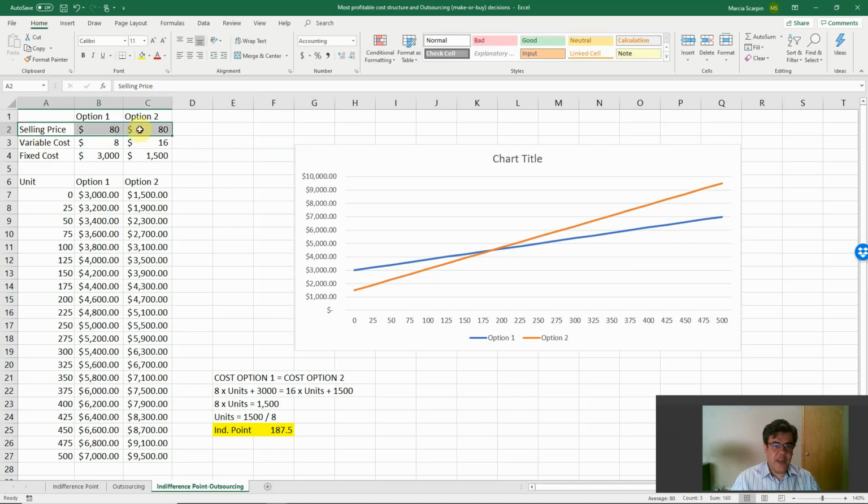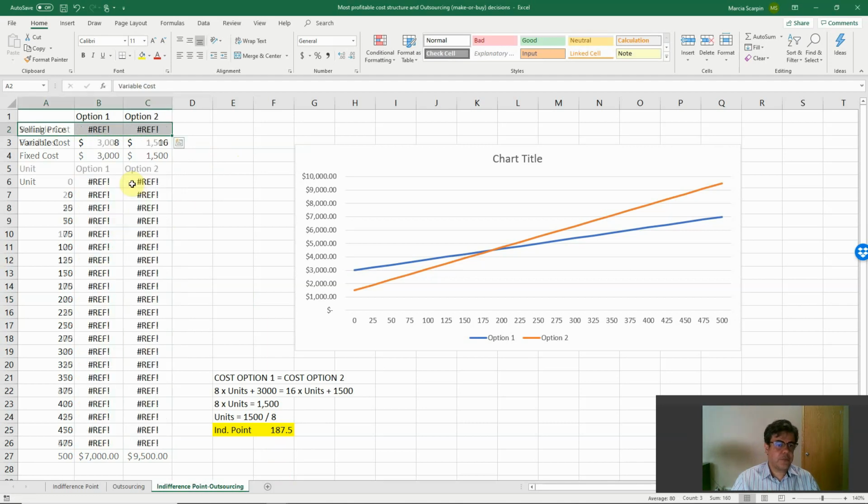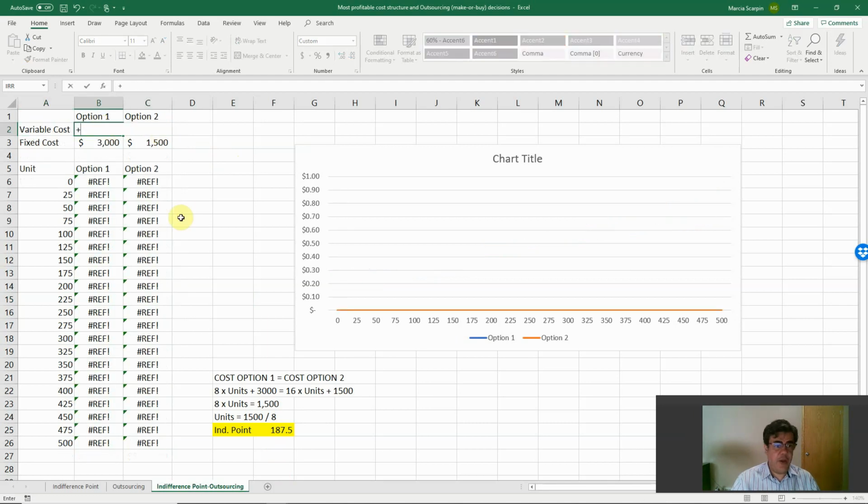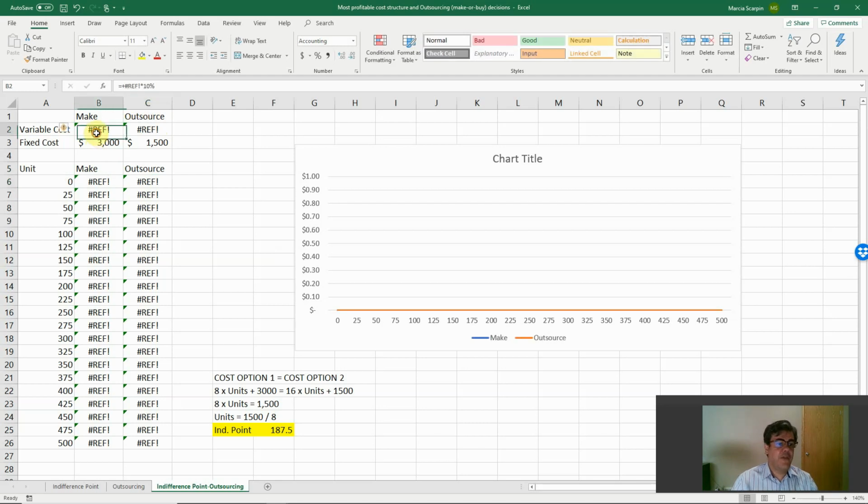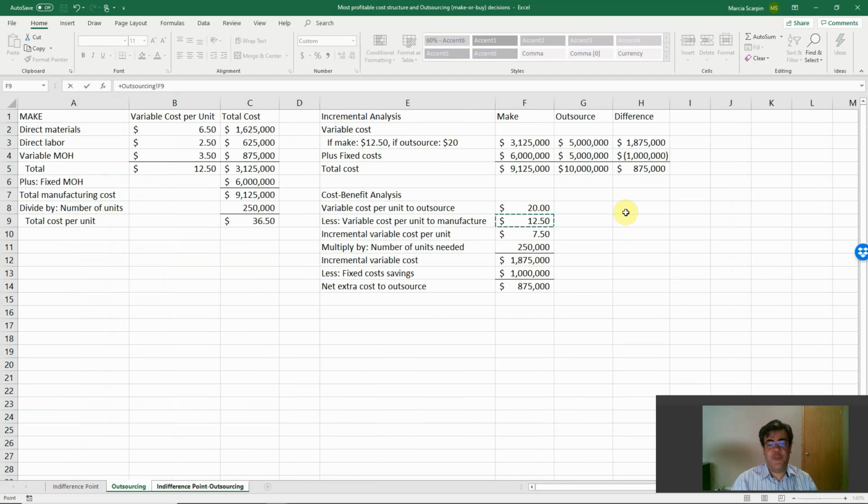Okay, we don't have the selling price. It is not useful for us. However, variable costs. So here, make and outsource, instead of option 1 and 2, make, outsource. Variable cost, if we make it, it will be 12.50.